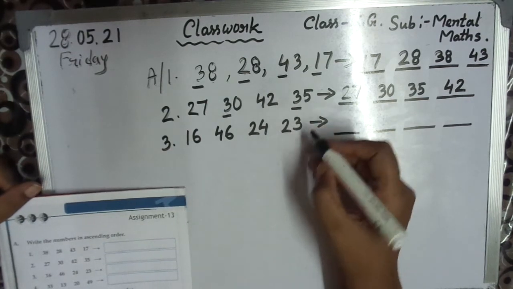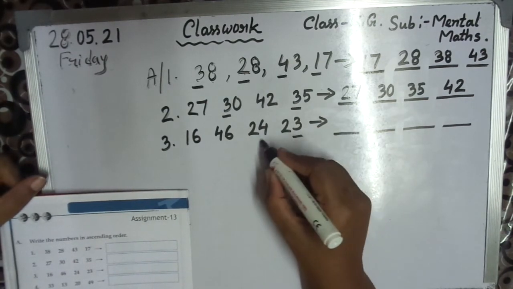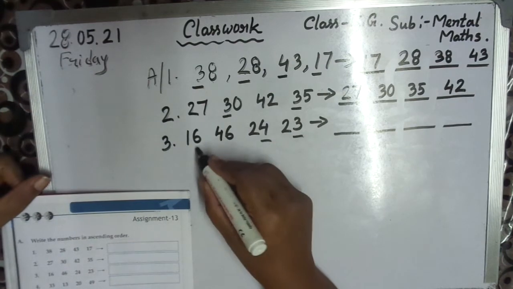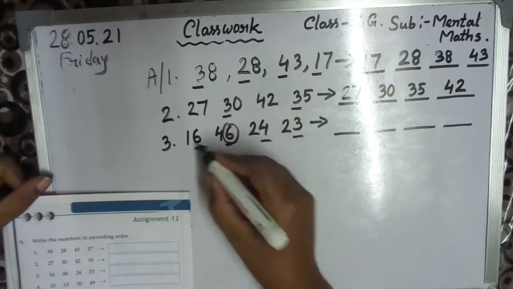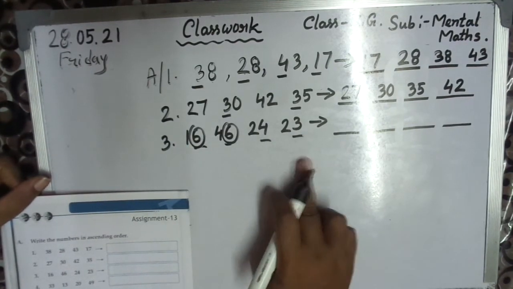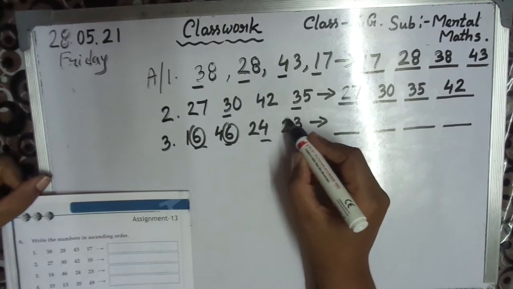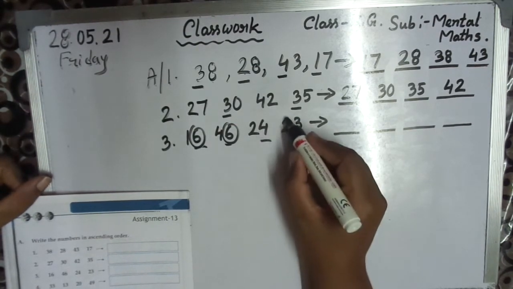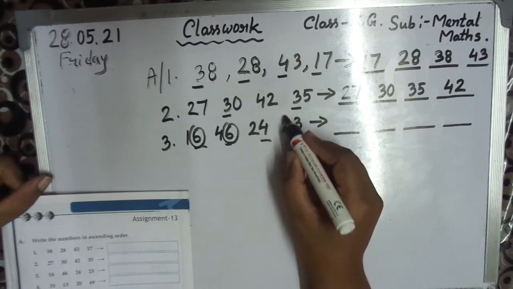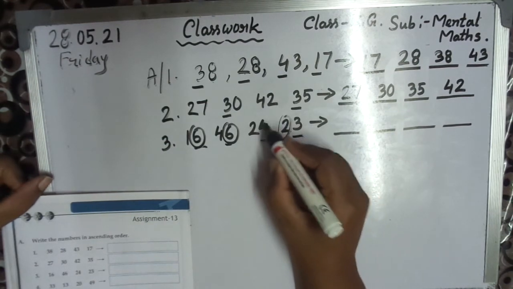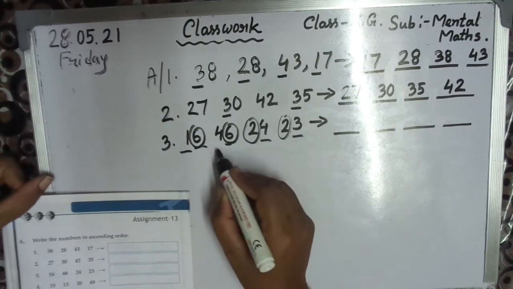See different ones is different, this ones is same, okay, and tens is 2 tens is same, 2 tens is same, okay, ones.